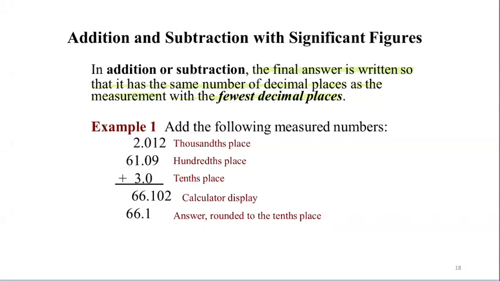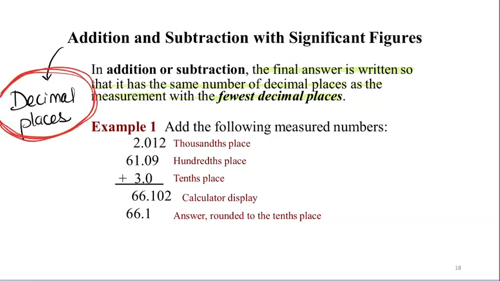So the name of the game for addition and subtraction is decimal places. That's what I'm paying attention to. What are the decimal places that my measurement has? And if I have a measurement that has the least number of decimal places, my answer needs to be rounded to show that.